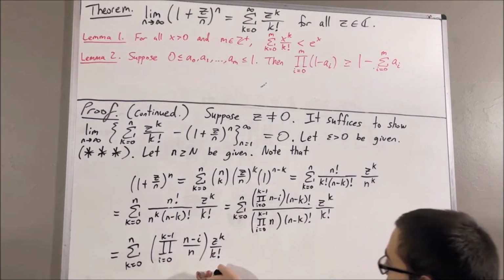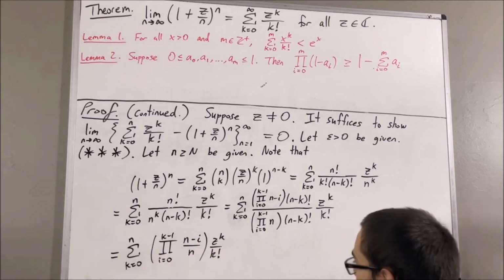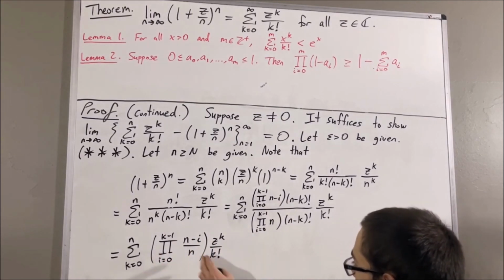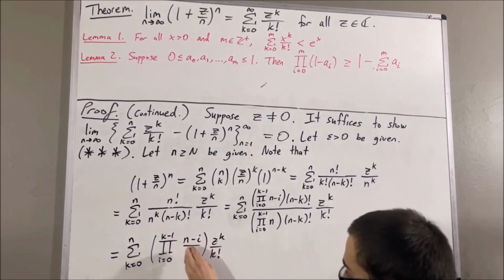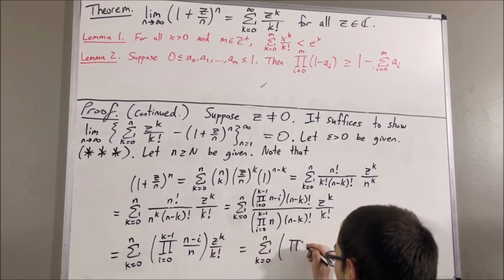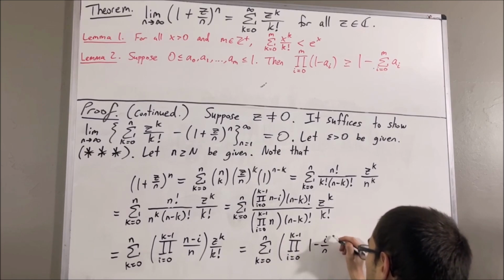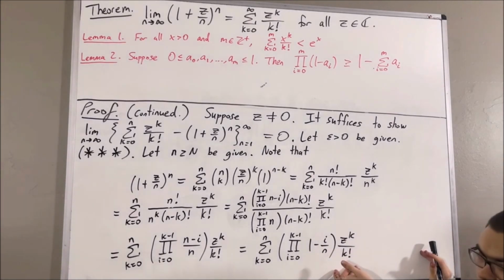So we get this, right? We just combined n minus i over n into a single product like this. Now we can rewrite n minus i over n as n over n minus i over n. Well, that's just 1 minus i over n. And so this is where we end up at.